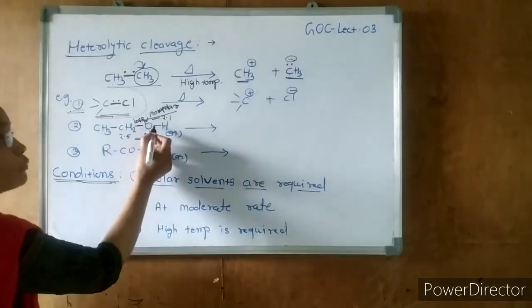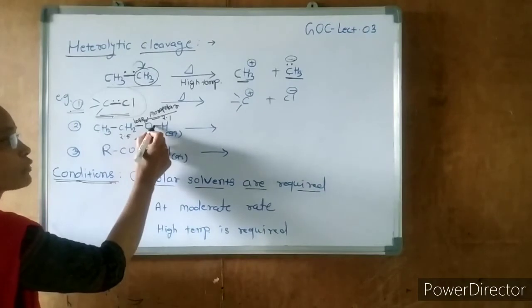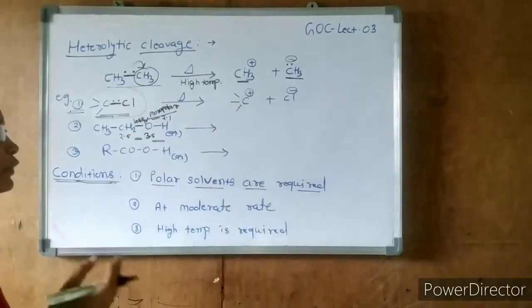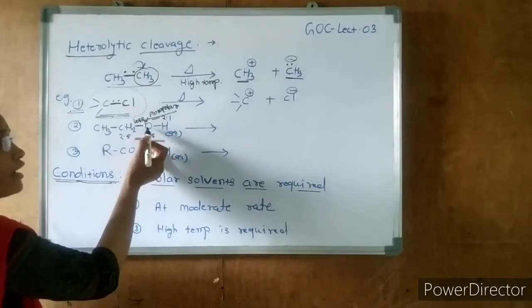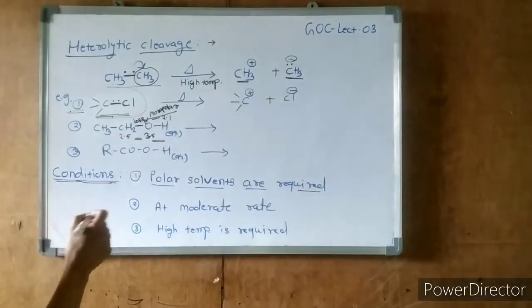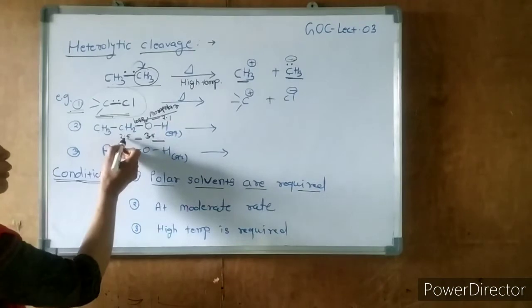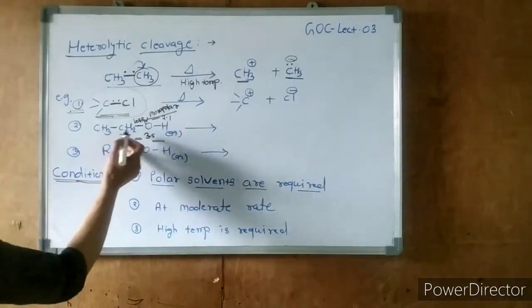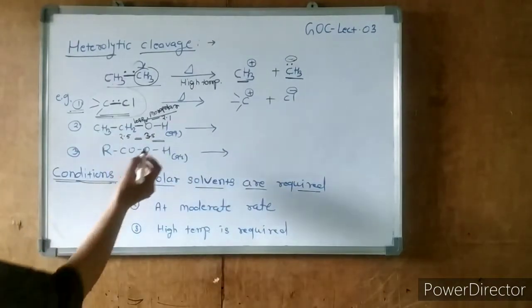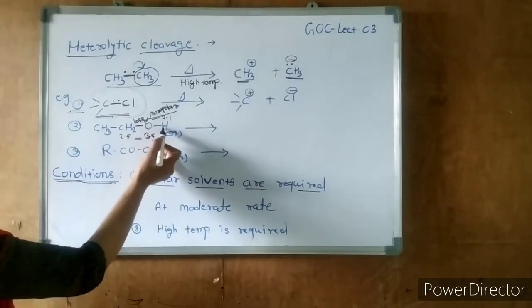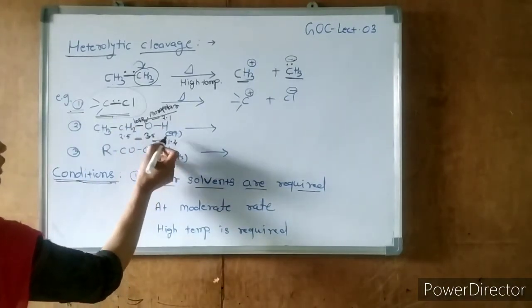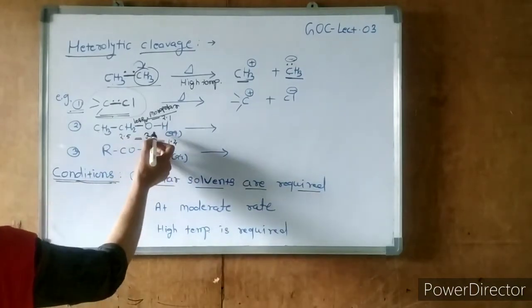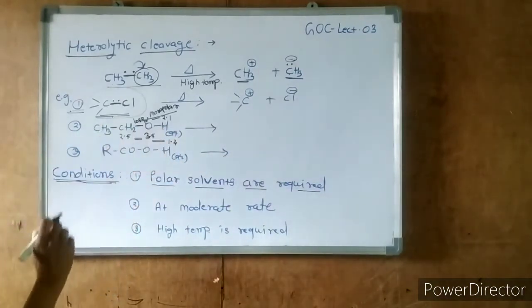Why is the OH bond more polar? Because the difference in electronegativity between the two bonded atoms, hydrogen and oxygen, is greater than that between carbon and oxygen. What is the electronegativity difference between the oxygen and hydrogen? Here 1.4 is the difference.